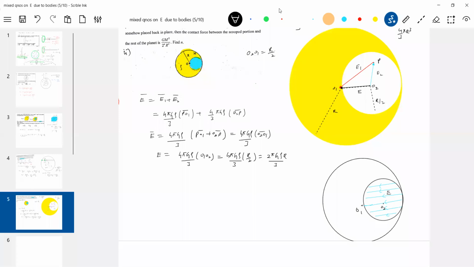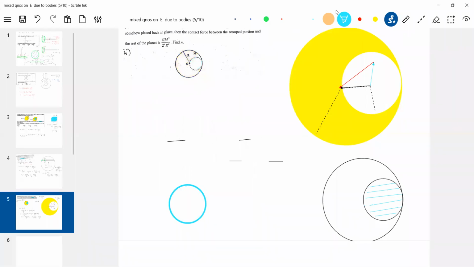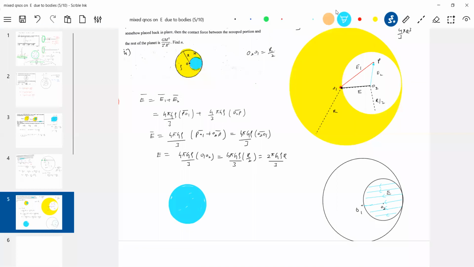Now what will happen? The scooped out portion. What is the mass of the scooped out portion? The blue colored one. How do we calculate this? What mass is being removed? Because now we know the field here. Okay, this is a scooped out portion with radius R by 2.